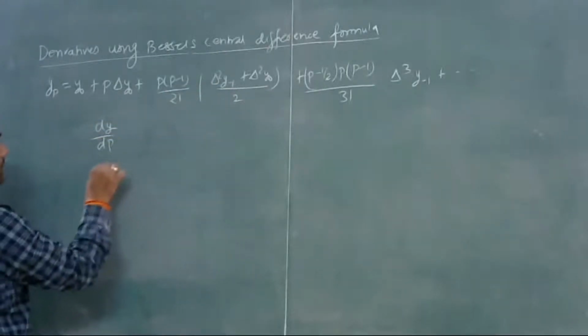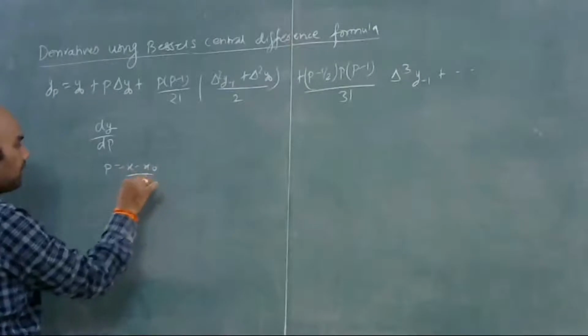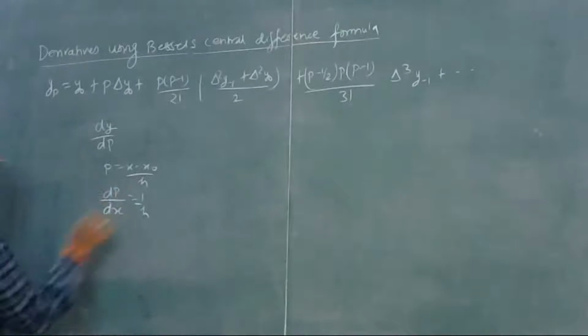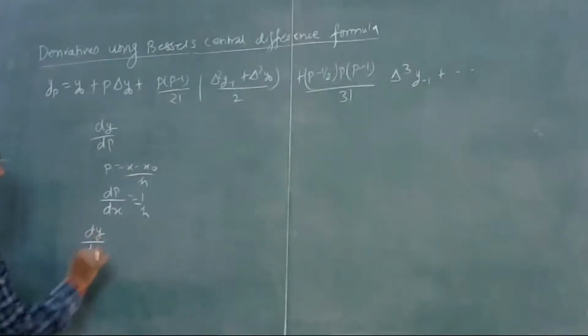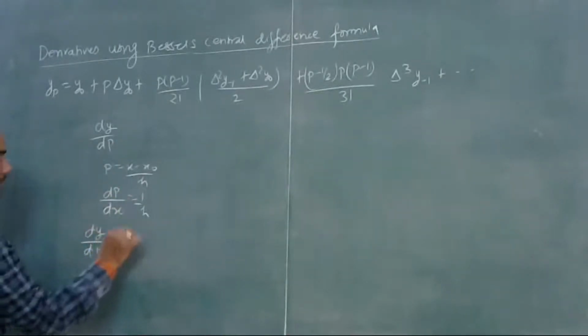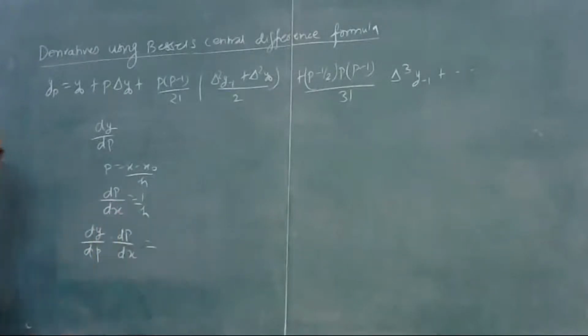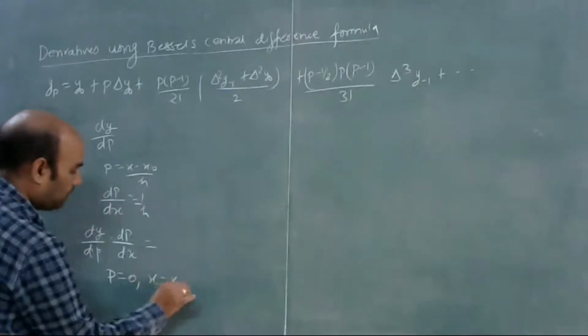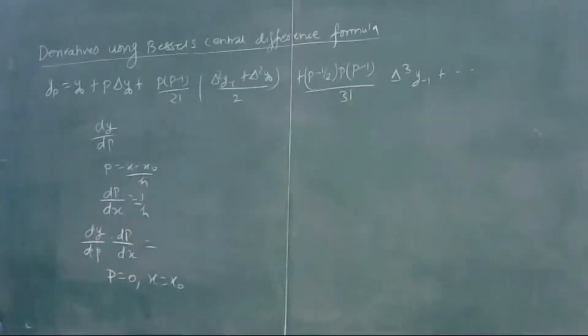Then p is equal to x minus x naught divided by h, so dp by dx will be 1 upon h. So dy by dp multiplied by dp by dx, we will get this formula. Put p is equal to 0 and x is equal to x naught. Same steps as we did for Stirling's formula. So I am not deriving it, I am writing its direct formula, and you can do it yourself.